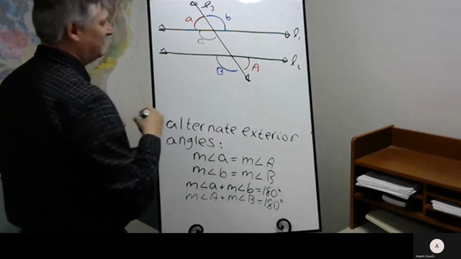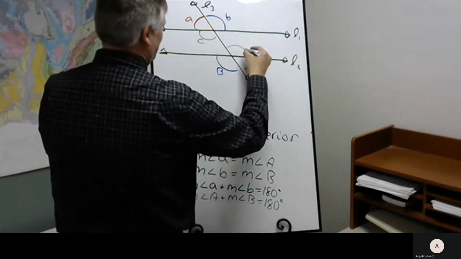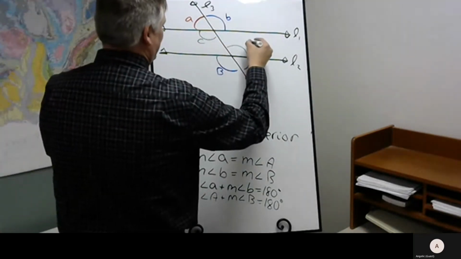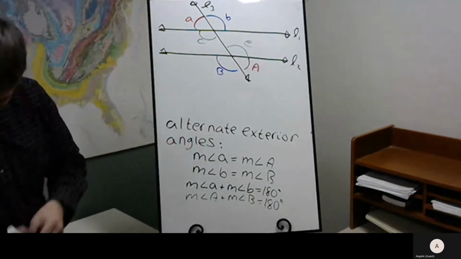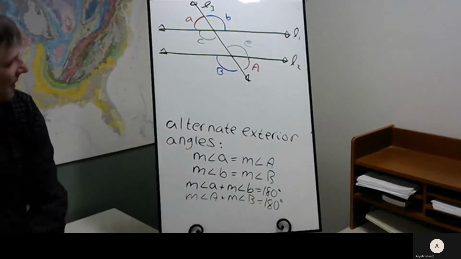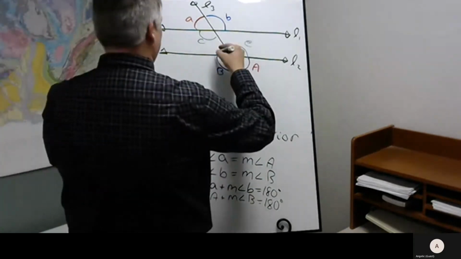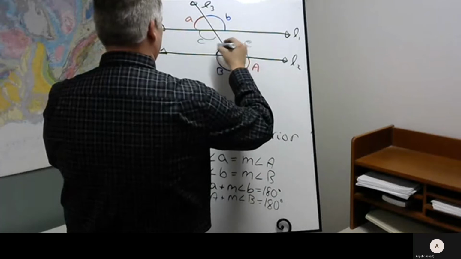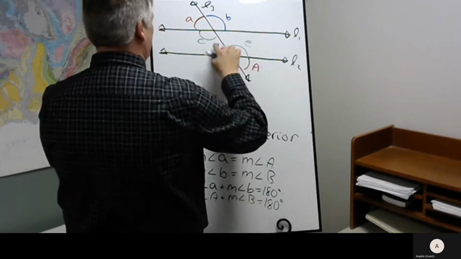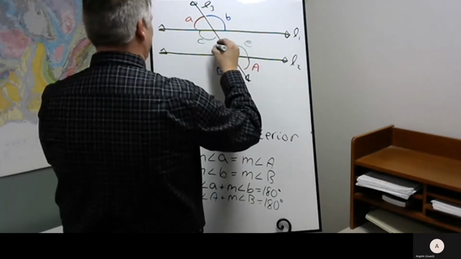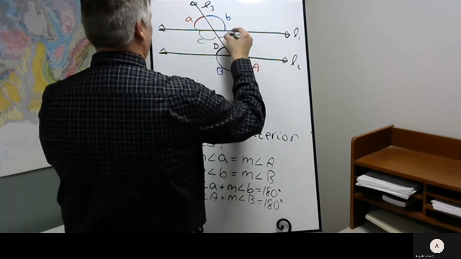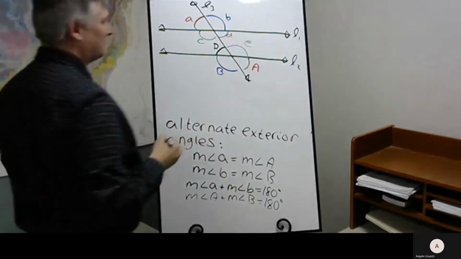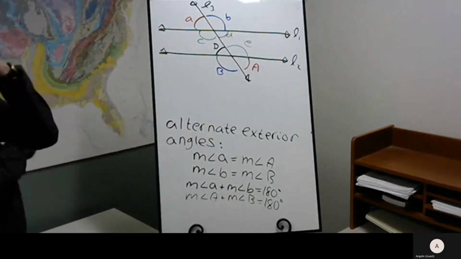I call this C. Here's capital C. Here's D. Ooh, capital D. There's lowercase d.